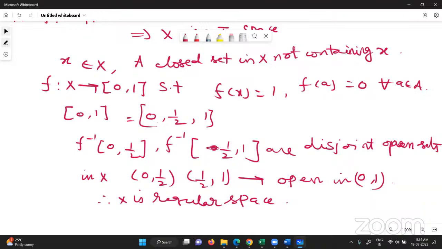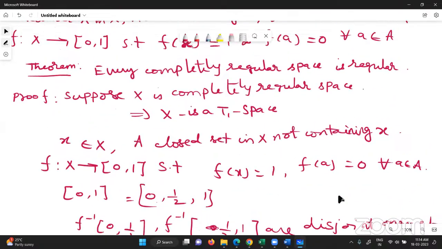We divide into two because, I told you many times, if you want to prove something, you focus on two things: what is given and what we have to prove. Already given that X is a completely regular space, you have to prove that X is regular.